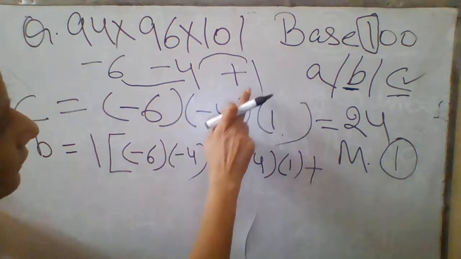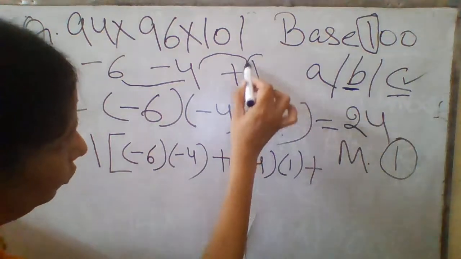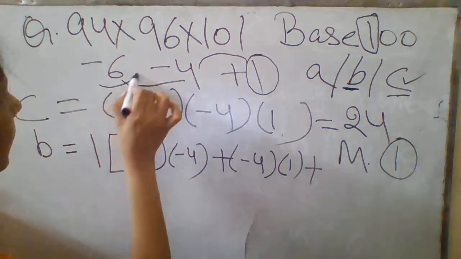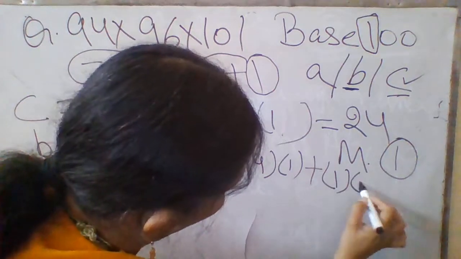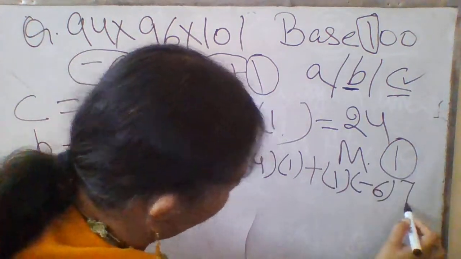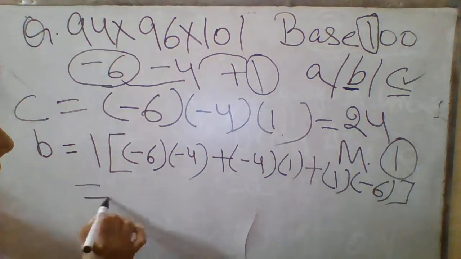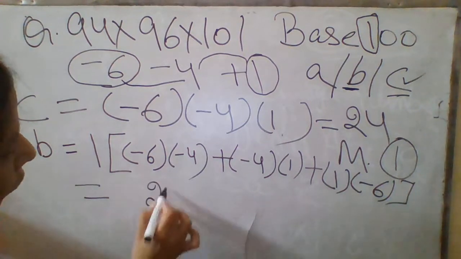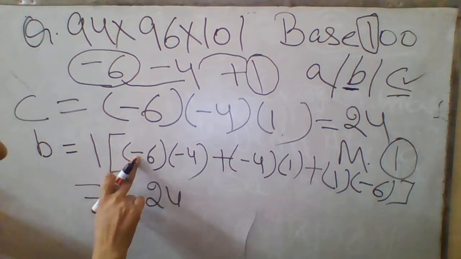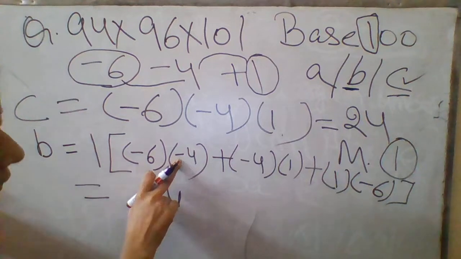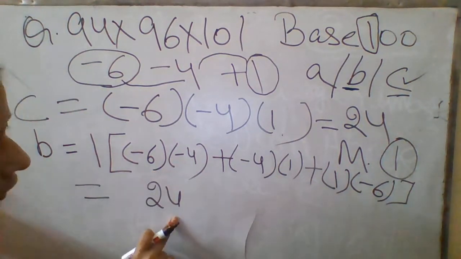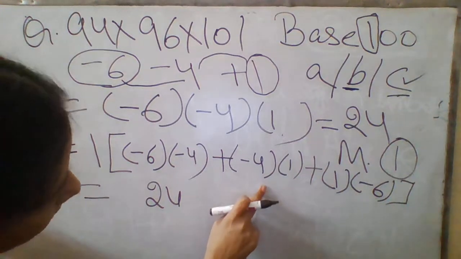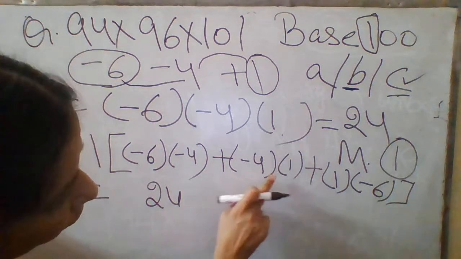Then see, this 1 is left, so this 1 you will multiply with this -6. So now in bracket 1 multiply -6. Okay, bracket close. Now you will solve this. 6 4s are 24, and see, minus into minus will be plus. So this is plus 24. Now you look at this term. This is -4 into 1.